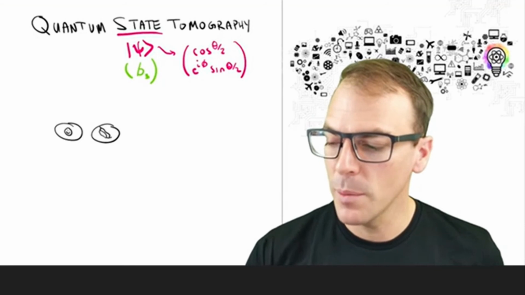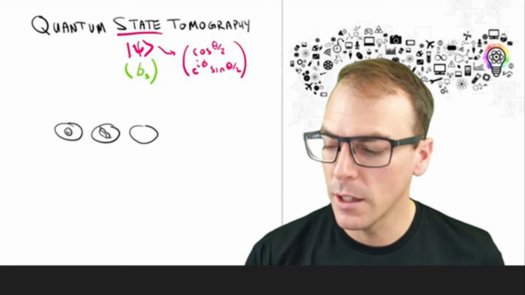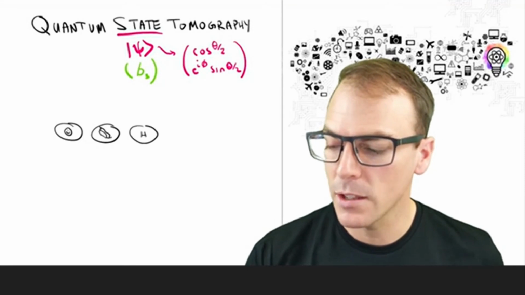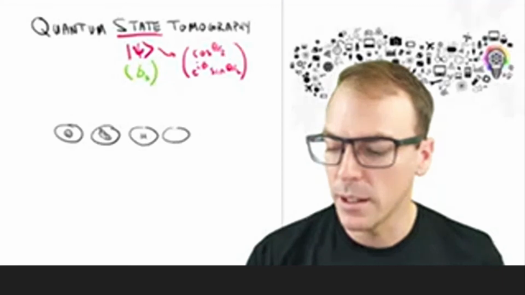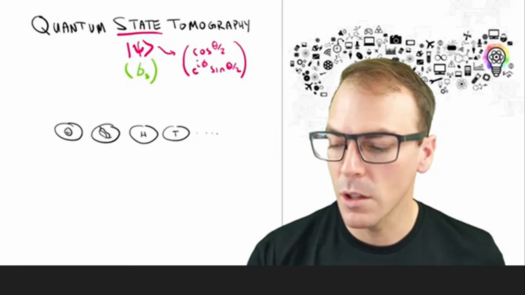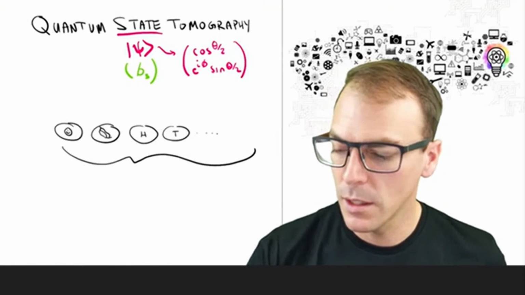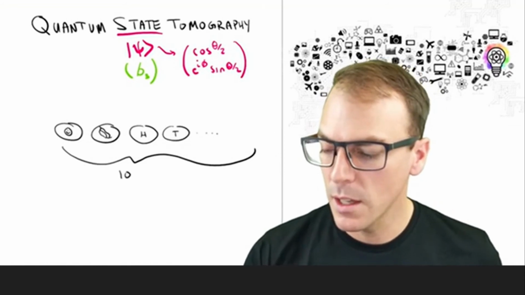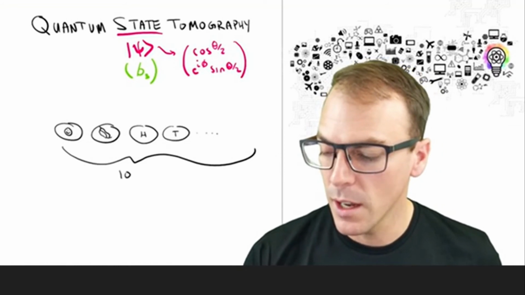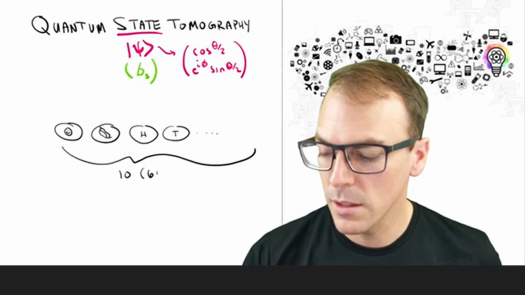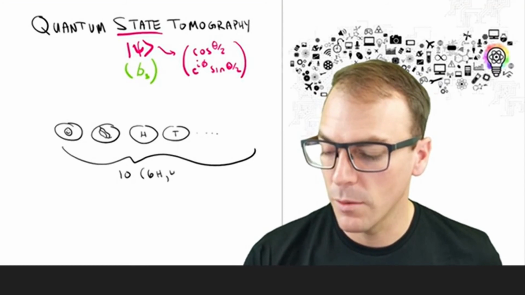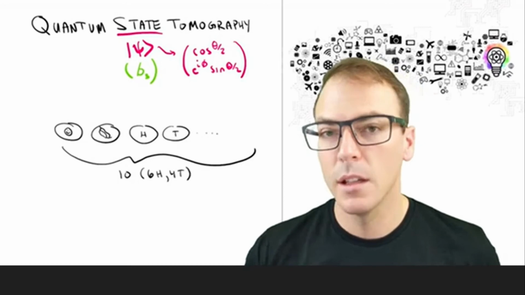Well, I start flipping it, and here I've flipped, heads and then tails and then heads and then tails again, and so on and so forth. And say I flipped it, say 10 times, and out of those 10 times, I saw 6 heads and 4 tails.